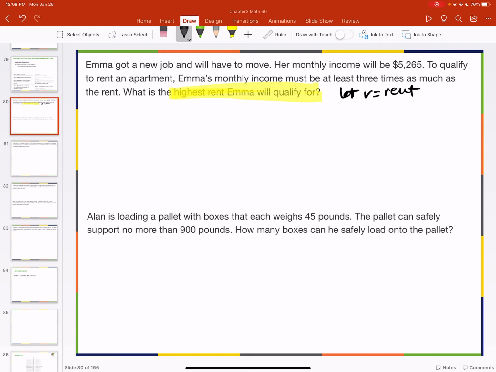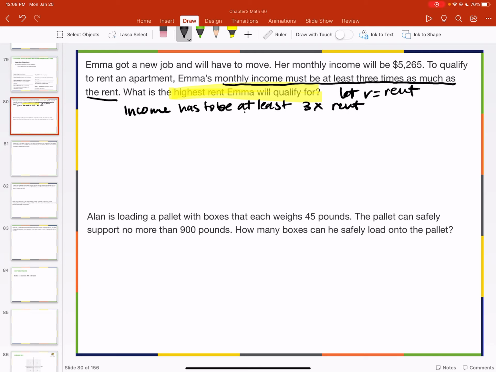What is the sentence or the keywords that describe the rent? Her monthly income must be at least 3 times as much as the rent. So basically the income has to be at least 3 times the rent. At least, that's the keyword.